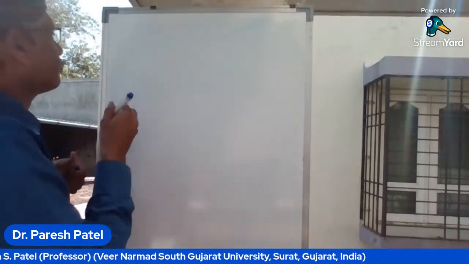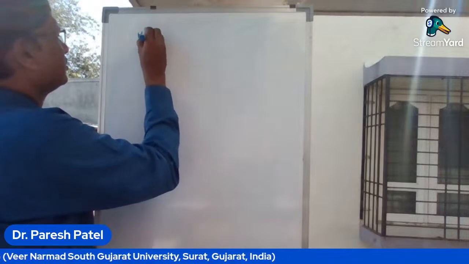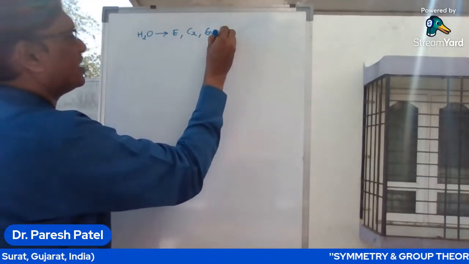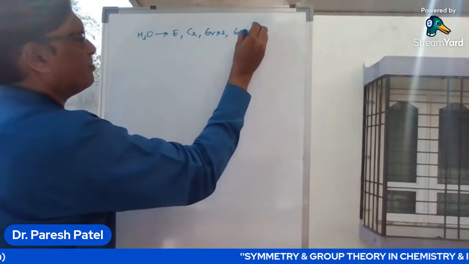Okay, so how to find out the class for the water molecule? We know that water molecule consists of E, C2, sigma Vxz and sigma Vyz symmetry elements.